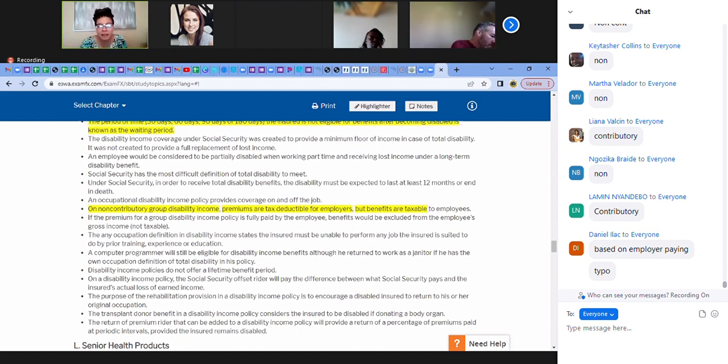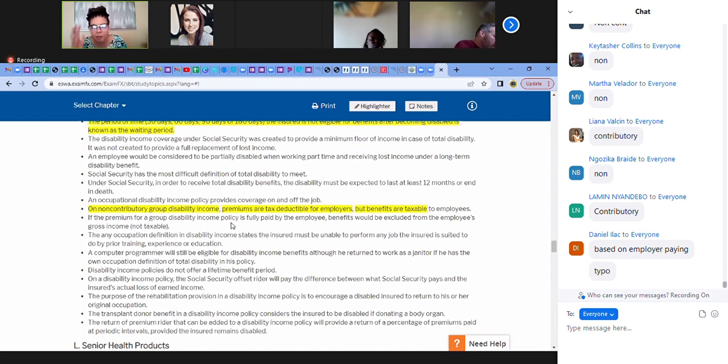Now, this is an actual test question, and we want to make sure you understand it. If it's a non-contributory group plan, that means the employee is putting $0 in. Whatever the employer pays for your disability is tax deductible to them, but only if the plan is non-contributory.